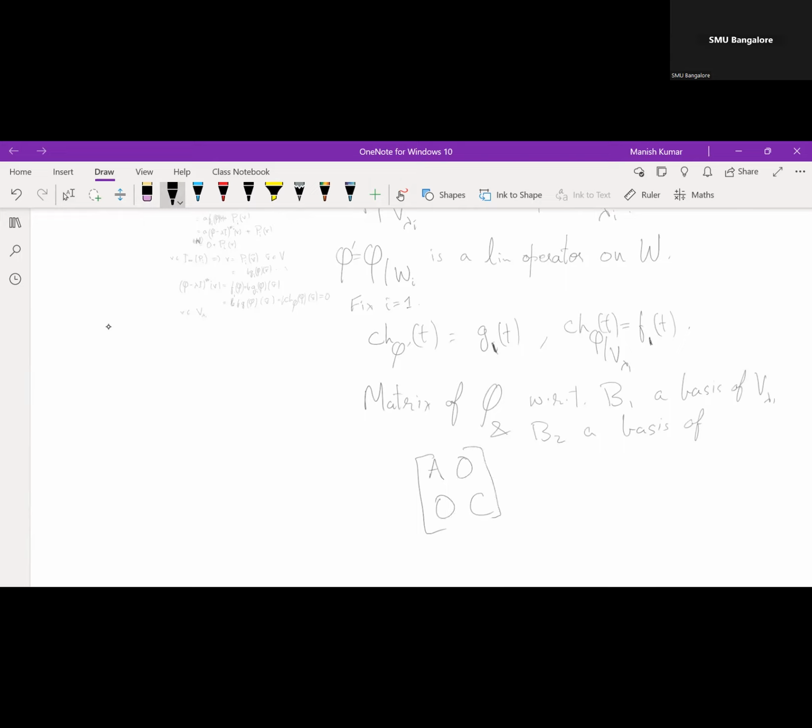So we'll get block diagonal A and C, where A is the matrix of phi restricted to V lambda 1, and this is the matrix of W1 with respect to V. A is the matrix of phi restricted to V lambda 1 with respect to V1.